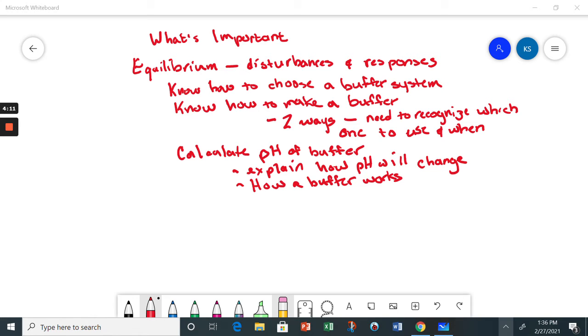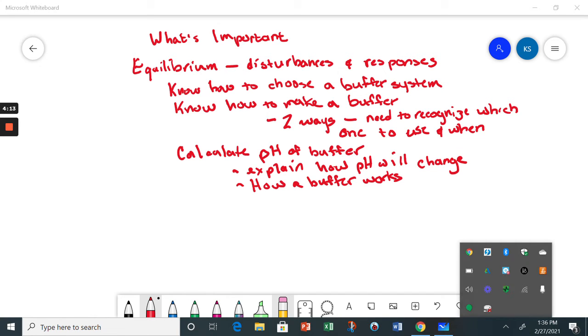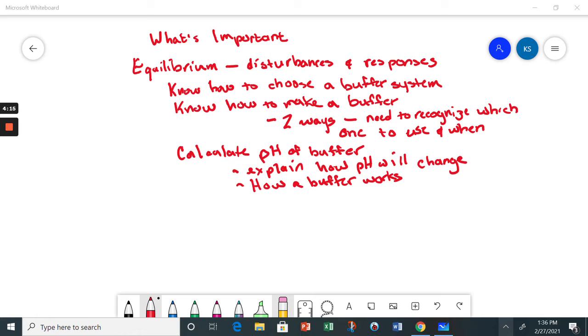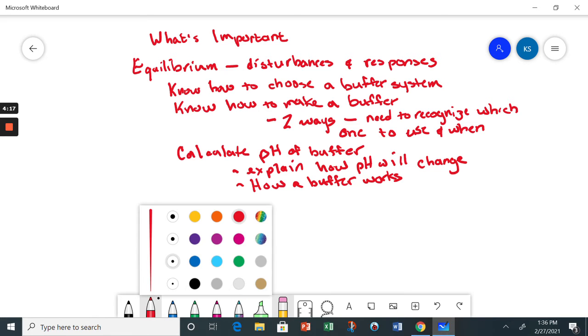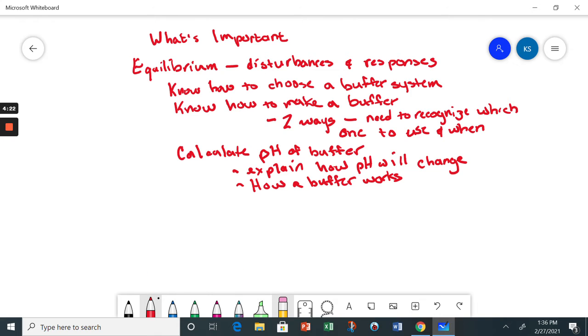Okay. And in a way, why is that doing that? You also need to know, as a subset, how an indicator works, because that actually is an equilibrium. It's equilibrium, so don't forget that.